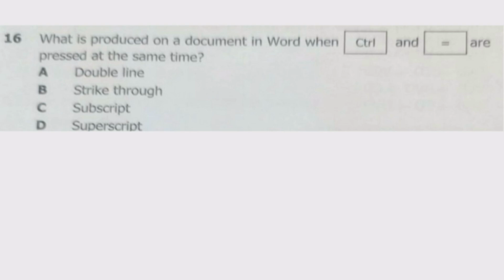A. Double line, B. Strike through, C. Subscript, D. Superscript. So the correct answer is C, subscript. When you press Control and the equal sign, what is produced on a document in Word is subscript.